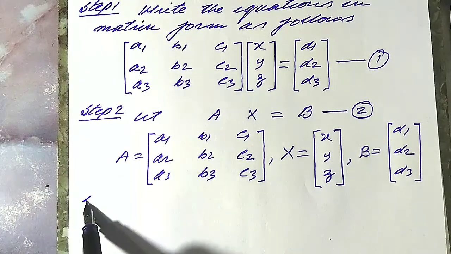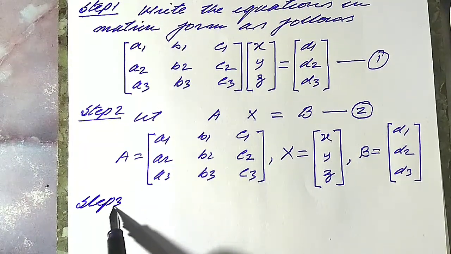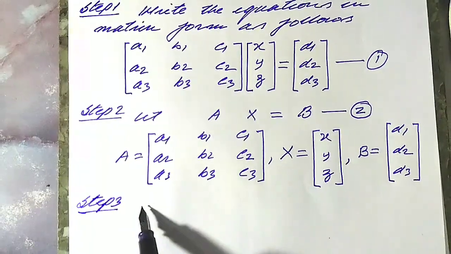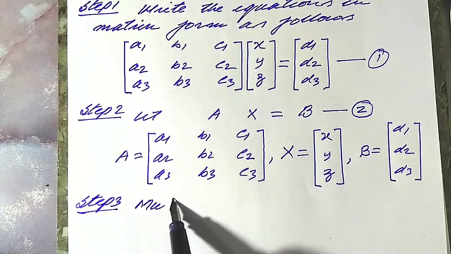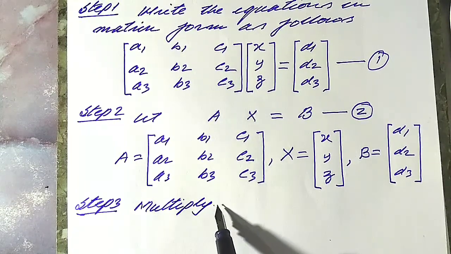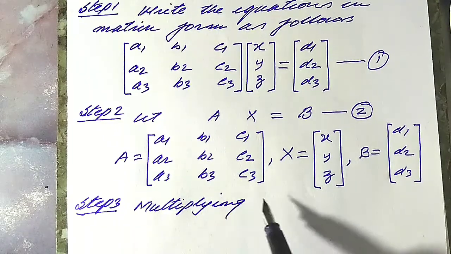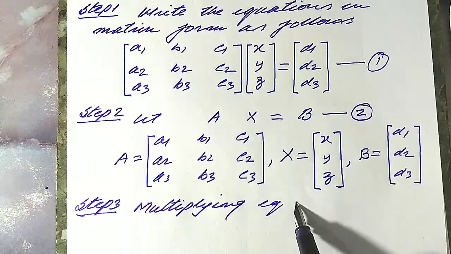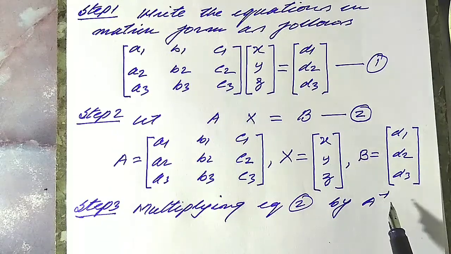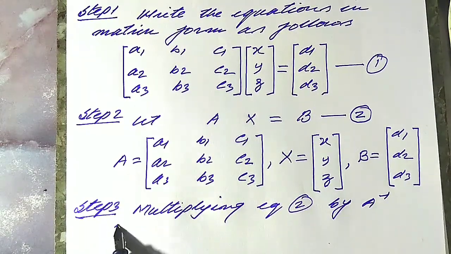Then in the next step, we multiply equation number 2 by A inverse leftwise.